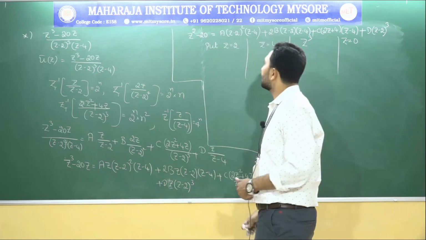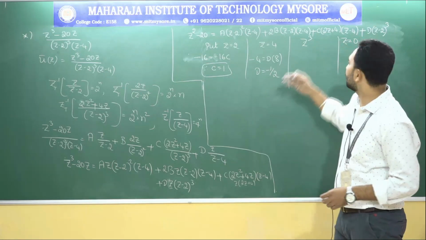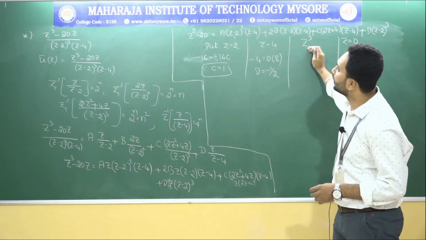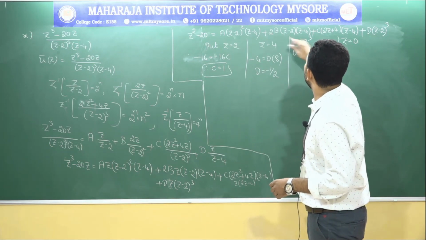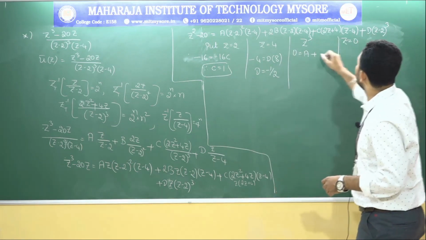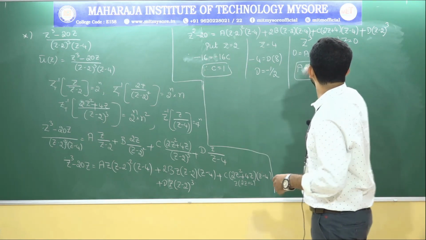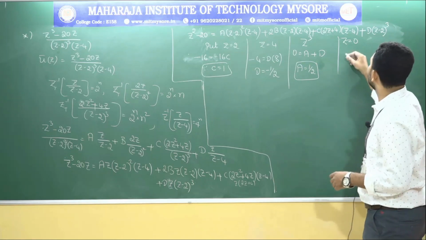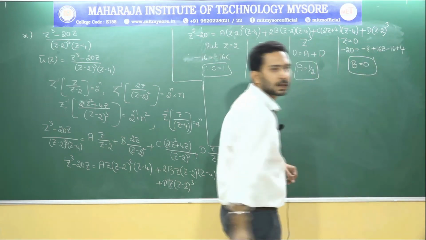If we put z equals 2, we'll get c value 1, and we get the d value minus 2. If we equate the coefficient of z cube, we don't have any z cube here, we get 0 equals a plus d, then a equals plus 1 by 2, and if I put z equals 0, we'll get the value of b, that is 0.